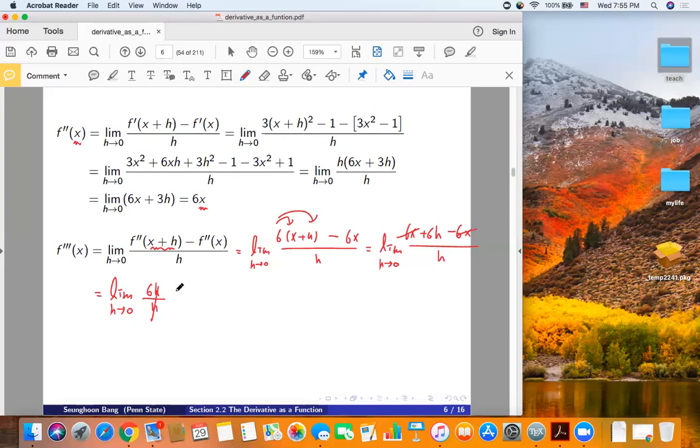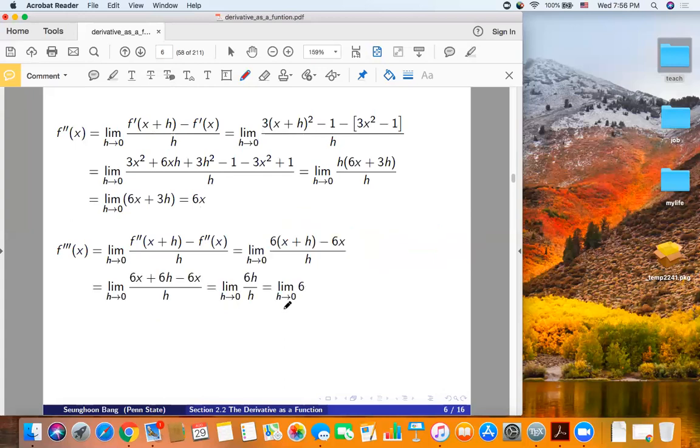The h is crossed out. We have the limit of 6 as h approaches 0. What's the limit of 6 as h approaches 0? The limit of 6 is the constant 6. This is the third derivative.